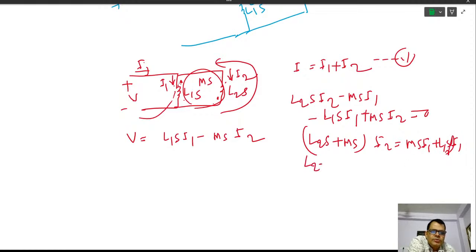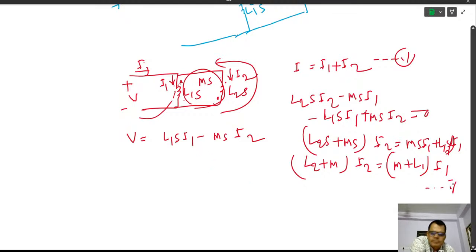So L2 plus M into I2 is equal to M plus L1 into I1. Now we have three equations, so we can easily eliminate I1 and I2.